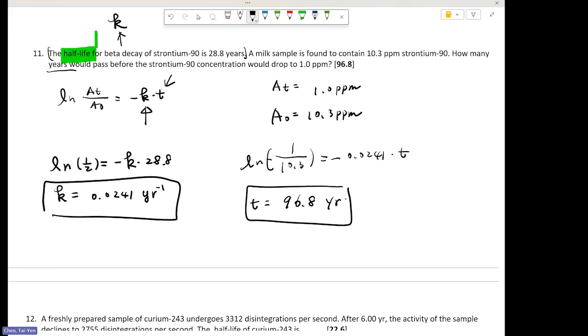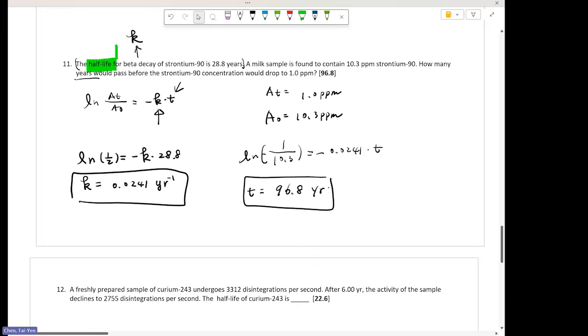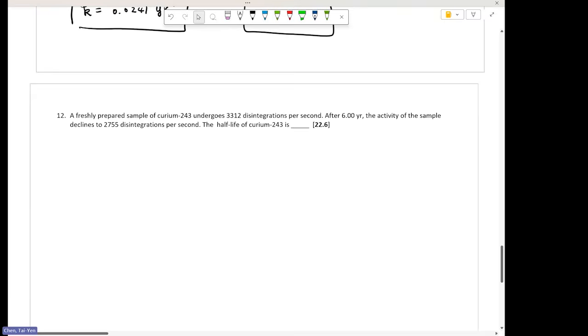Even if you don't have any knowledge, put 10 in front. Of course, if you have a good understanding of the decay process, you should tell that 1 ppm will be your current, therefore the 10 is where you started.